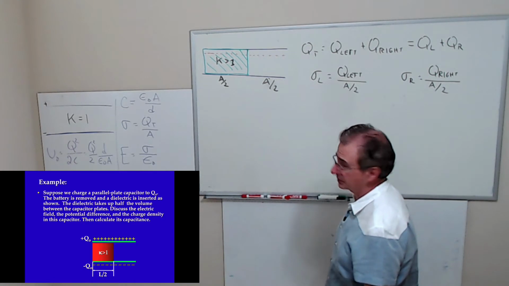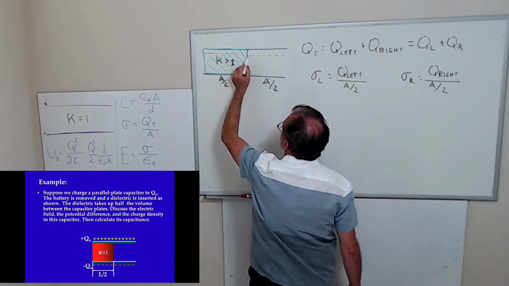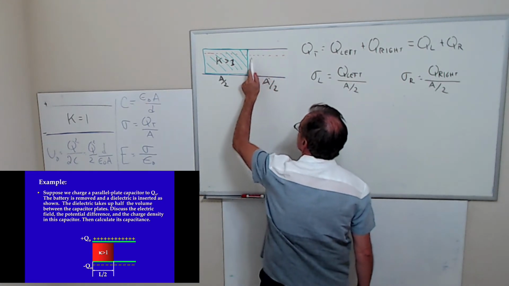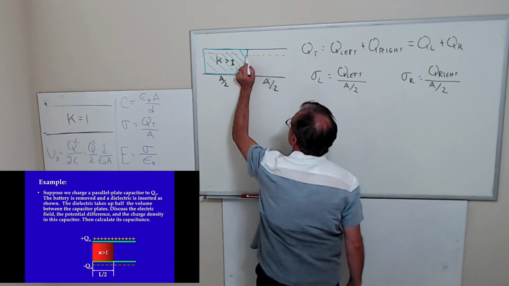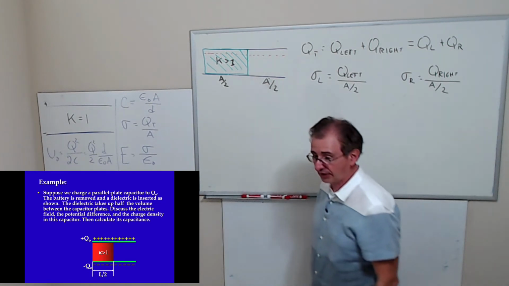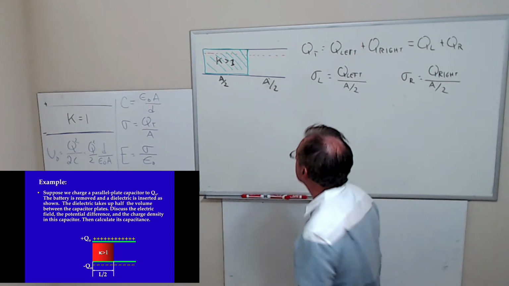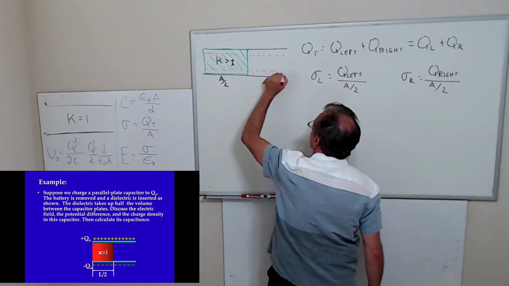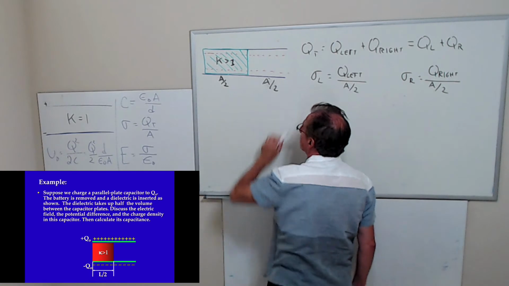The answer is yes. The value of V for that equipotential and the value of V for this equipotential have to match, because at the boundary, V has to be continuous. And we can do this all the way across. If you look at this equipotential line, the V here and the V here have to be the same.